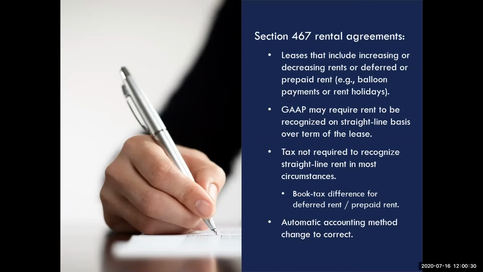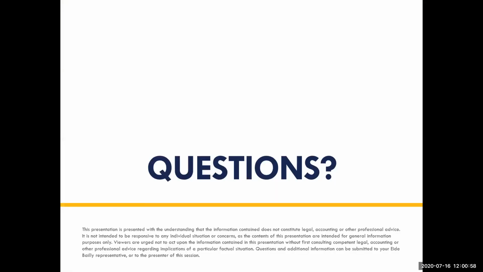Adding a deferral provision to an existing lease would be considered a modification, and I need to reanalyze all these lease agreements to make sure that I'm properly applying Section 467 in light of the modifications that are being made. So something to keep in the back of your mind as you're talking to your landlord property owner clients that are telling you they're making changes on leases, they're doing things differently. We need to make sure we're understanding and reflecting those correctly for tax purposes.